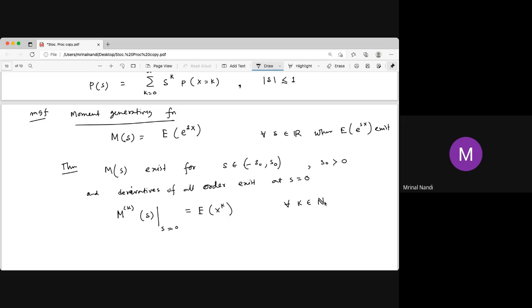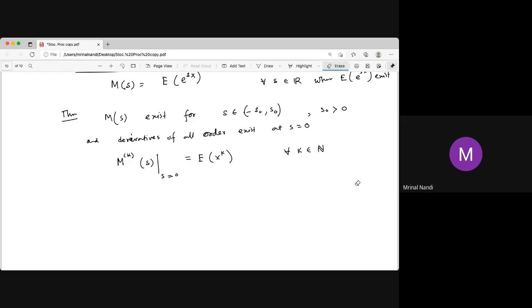So this is the very important reason why it is called the moment generating function. If you know M, then the kth order derivative at s equal to 0 is the kth order raw moment of X.